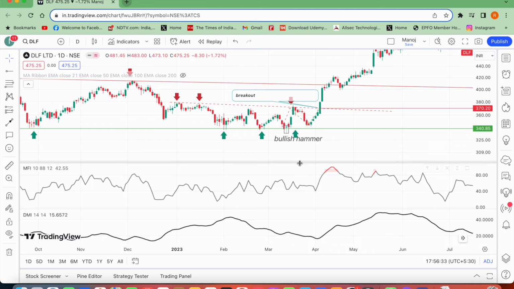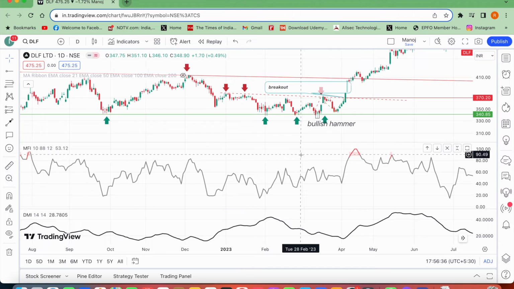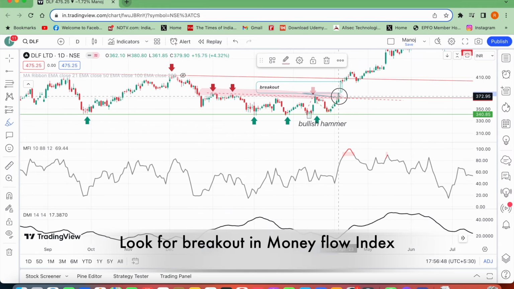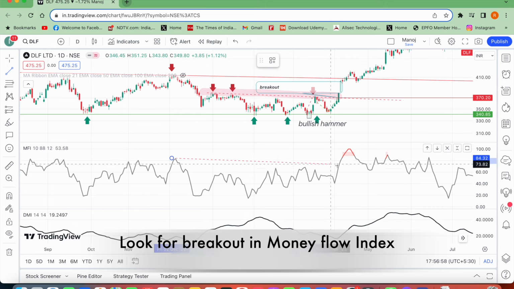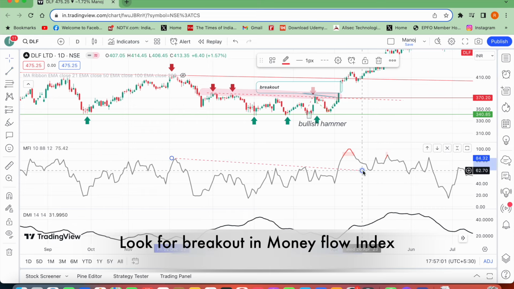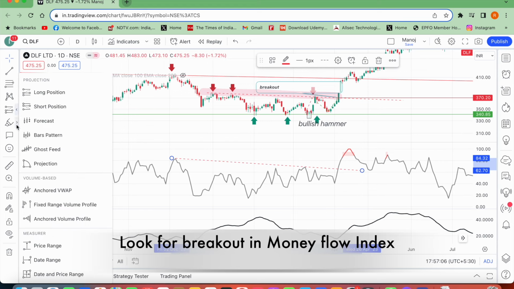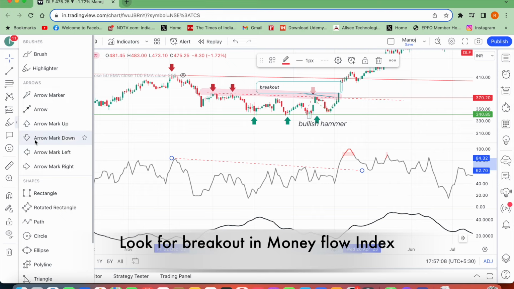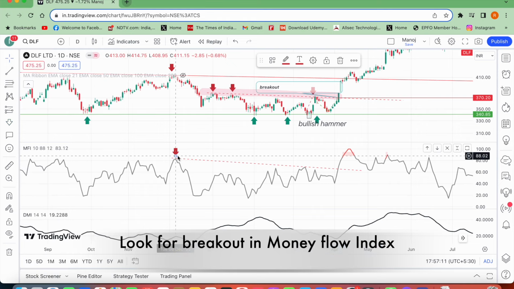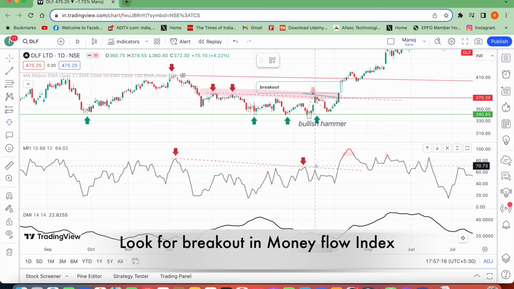Normally what I do is I draw a similar trend line. From here the stock is in a downtrend and facing a resistance over here, right? Similarly, I try to draw a trend line on the indicator, and you can see over here whenever the MFI line touched this trend line resistance, it fell down.